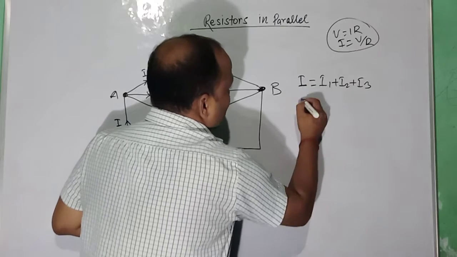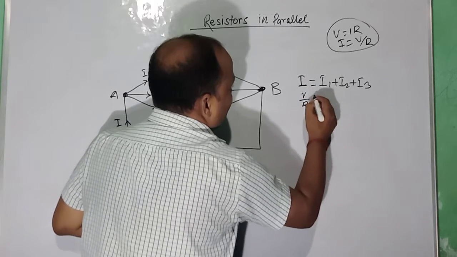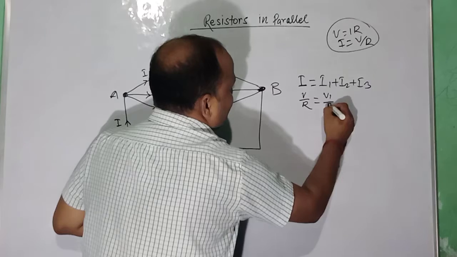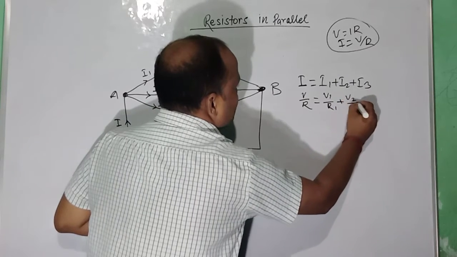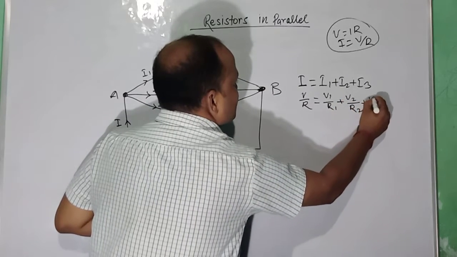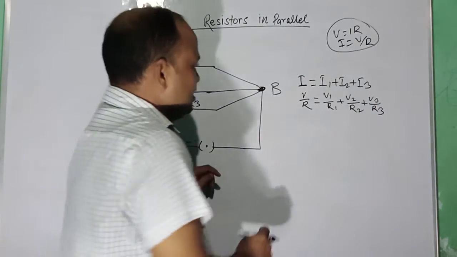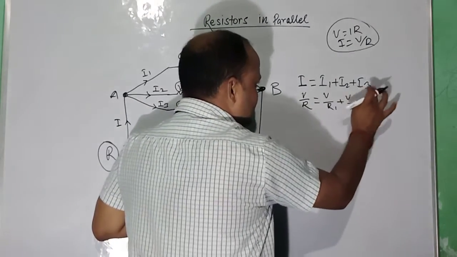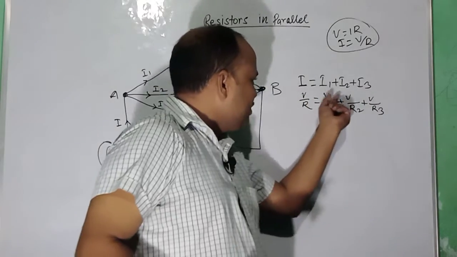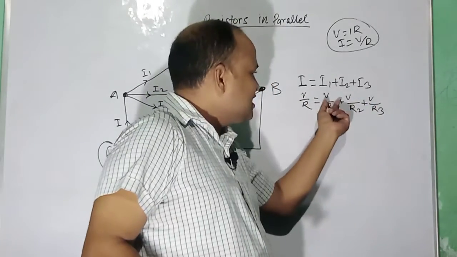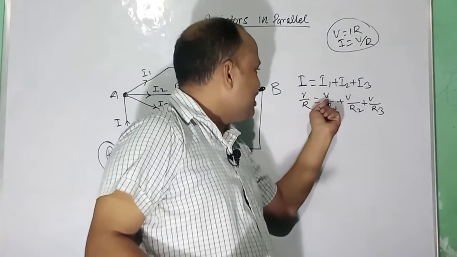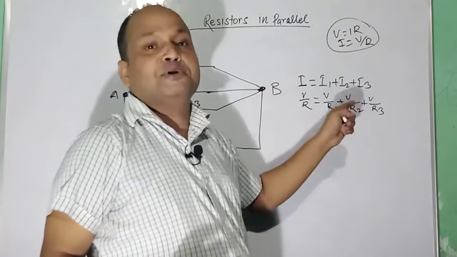So I is equal to V upon R, here V1 by R1 plus V2 by R2 plus V3 by R3. Sorry, here V1, V2, V3, in all these cases it is equal, so we have to write V, V, V, not V1, V2 and V3. That will be wrong.